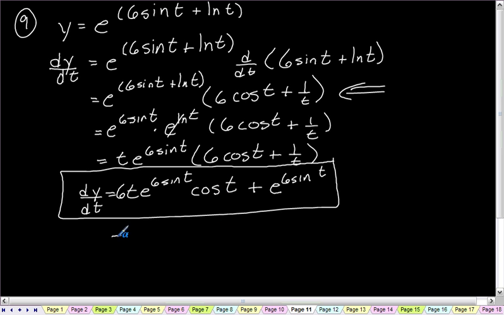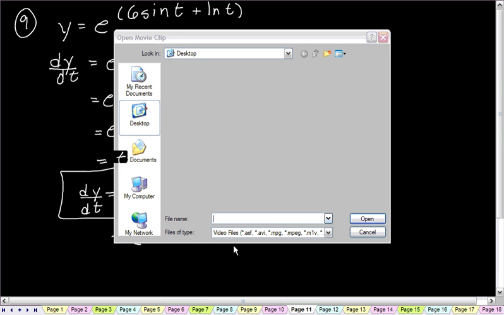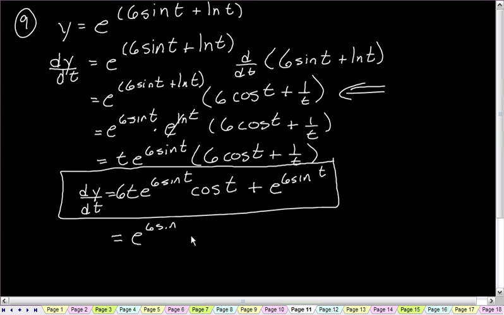If I pull it out, on the inside I'm left with 6t cosine of t plus 1.